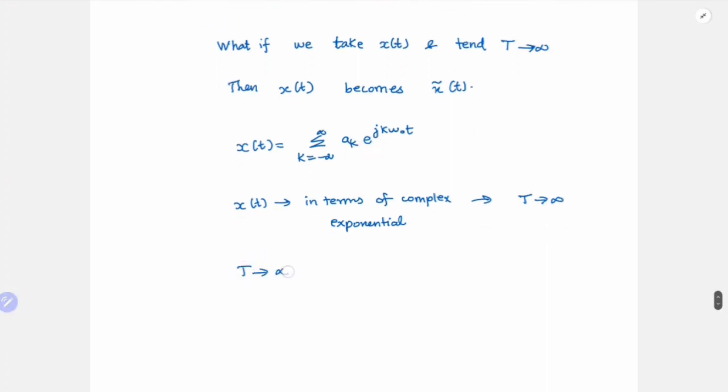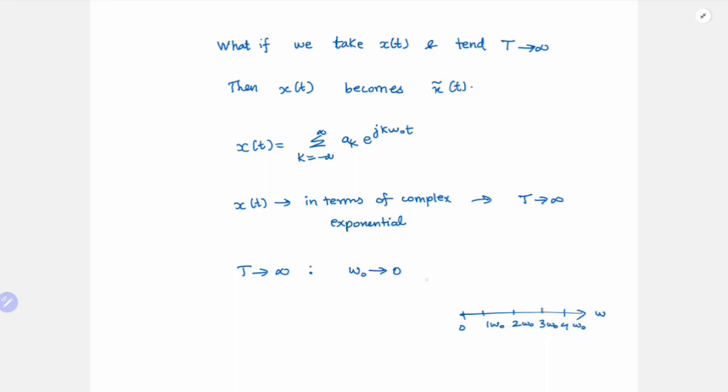So what happens to other variables in the Fourier series? This implies omega naught will tend to 0, right? And what will happen to k? k will remain the same, but the number of terms in a given interval will increase. For example, if you take the representation versus omega, with k as 0, 1, 2, 3, 4, these are at 1 omega naught, 2 omega naught, 3 omega naught, 4 omega naught.